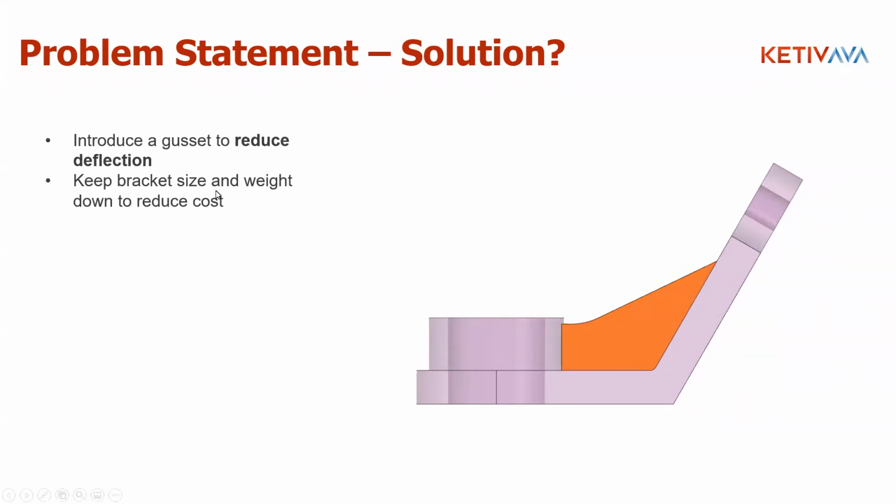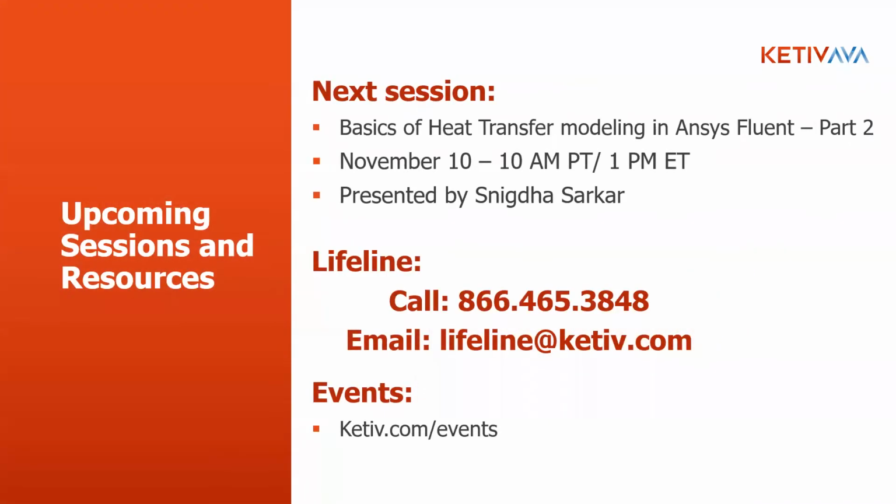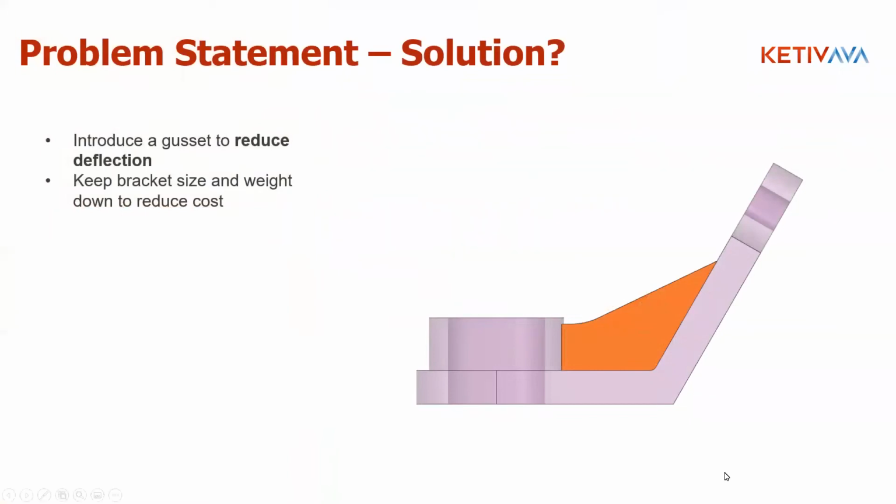And the goal is to keep the bracket size, this gusset, to try to reduce the size of it, because that will reduce the cost. At the same time, we don't want to impact the weight of this bracket. So we're going to be using tools to set parameters on this bracket itself, so we can do a study on it, design experiments. Okay, so let's get into it.